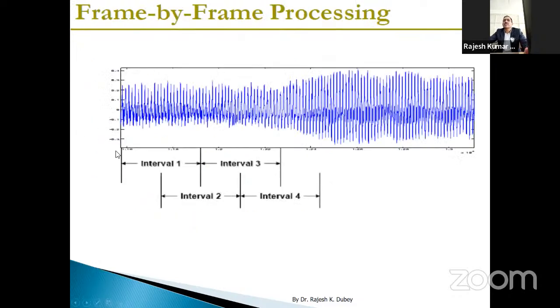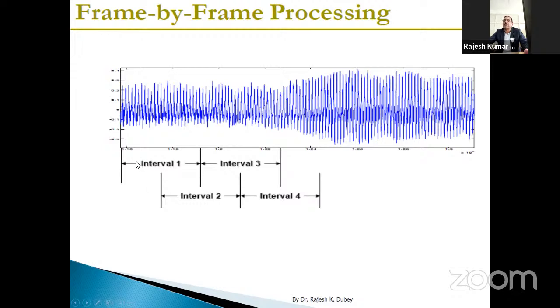For that calculation, we'll take a short frame, that is called a short time interval. For example, I'm taking a section of 20 milliseconds. We'll select the first interval and then an overlapping interval, like 1 to 20, then 11 to 30, so that no information will be lost.